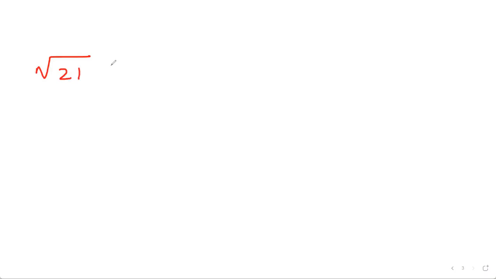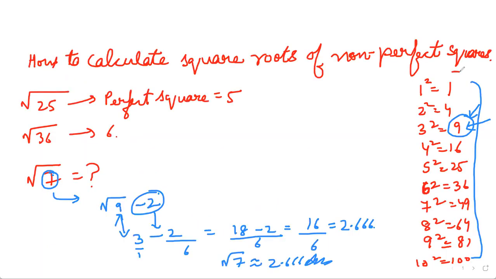Root 21. If you need to find the value of root 21, see carefully, dear students. Root 21 is a non-perfect square. Now check these squares. Okay. Here, root 21 is nearer to 25.